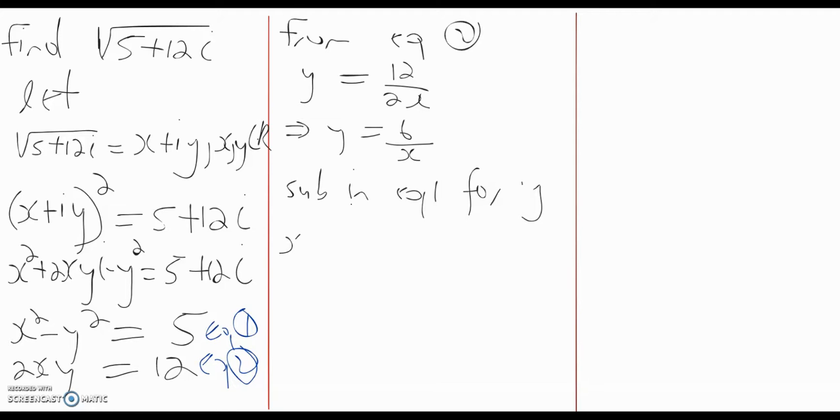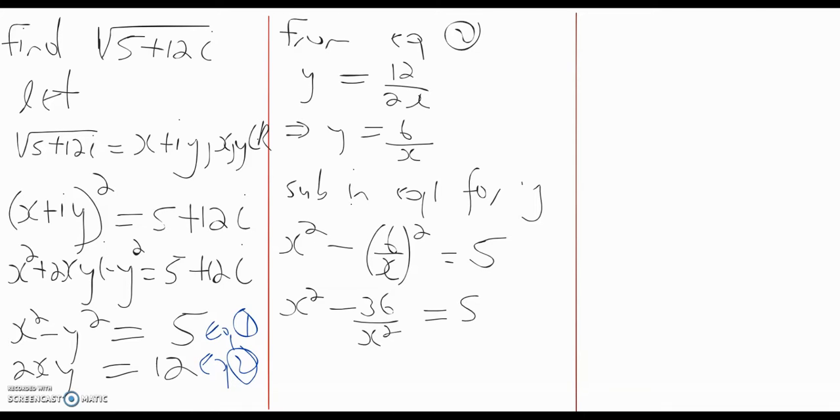I'm going to have x squared minus, in the place of y, I'm going to have 6 over x all squared equal 5. So by laws of indices, once I square a fraction, I square the numerator and I square the denominator. So I'm going to have x squared minus 36 over x squared equal 5.